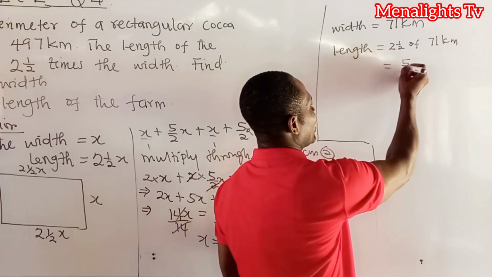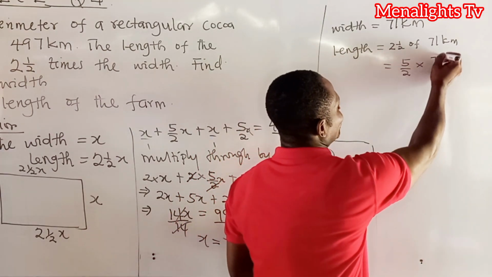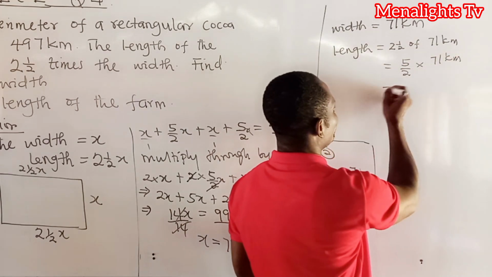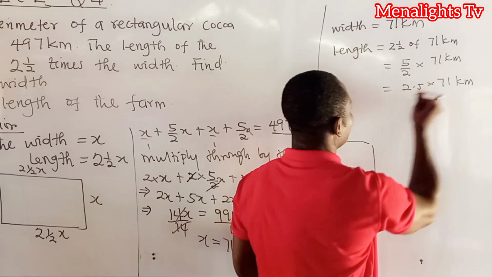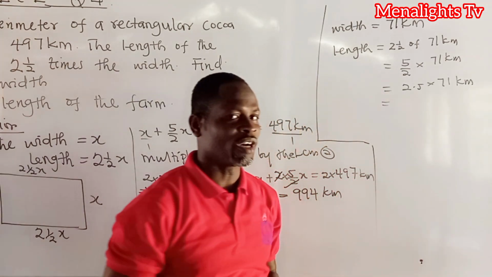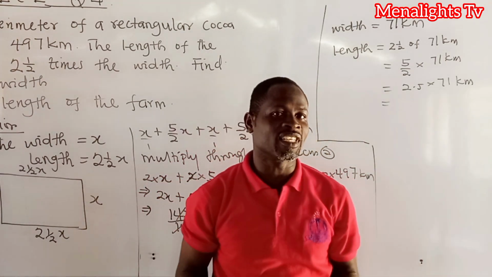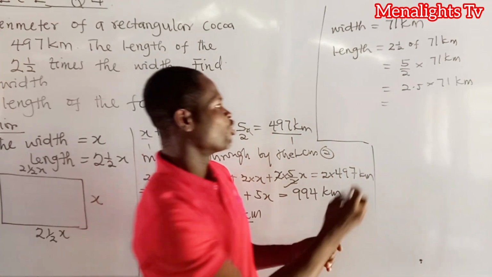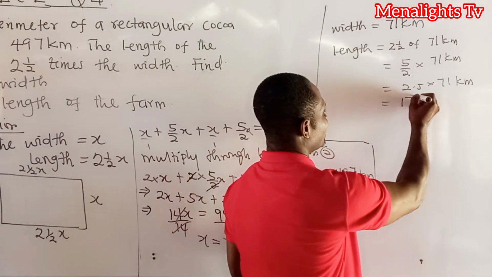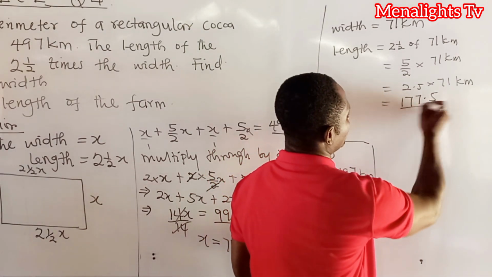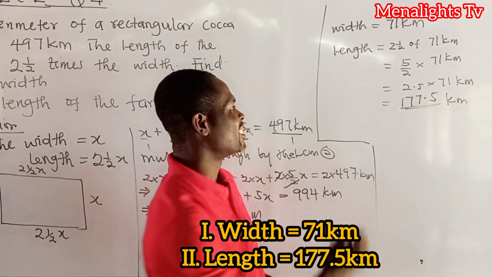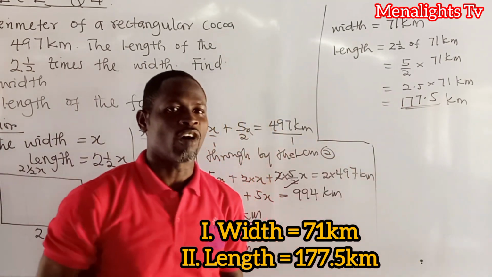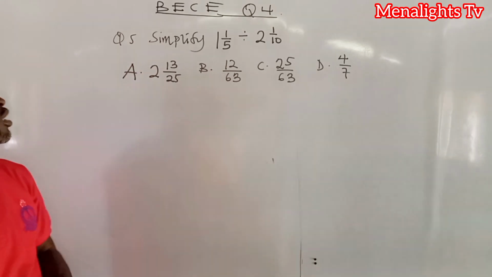So 5 over 2 times 71 kilometers. So that's 2.5 times the 71 kilometers. And then when you do your calculation, you are going to get 177.5 kilometers. So this 177.5 kilometers is the length of the farm.